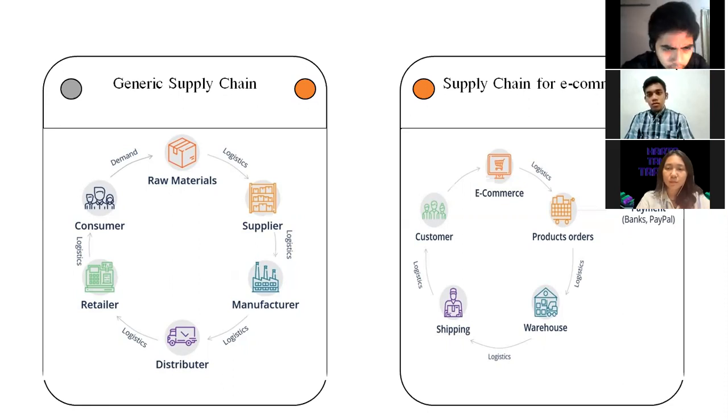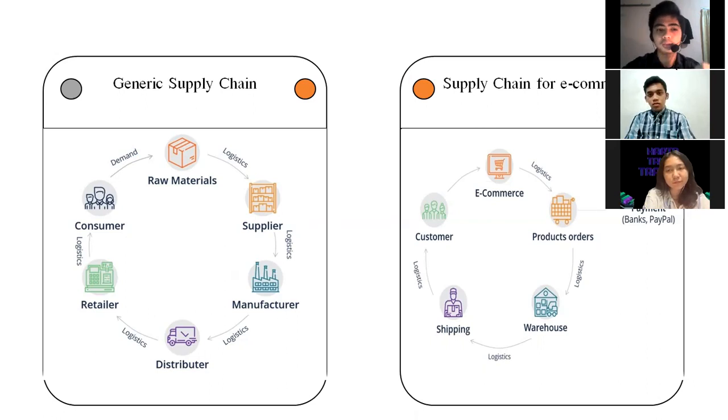First off, the consumers have a demand for the things that they're going to buy. So the raw material, through the process of logistics, goes to a supplier, and then from the supplier, through the process of logistics too, goes to the manufacturer.